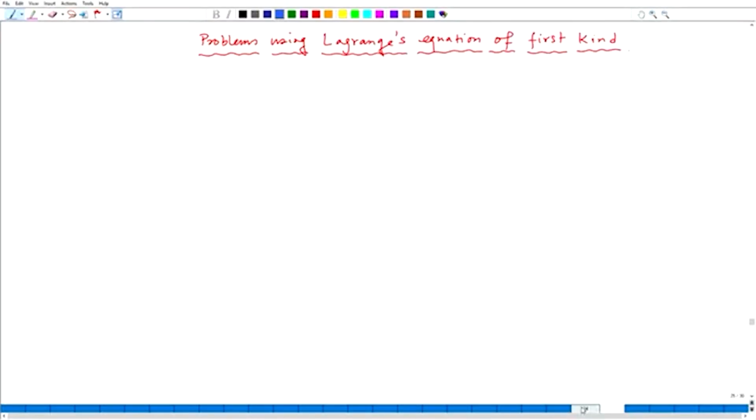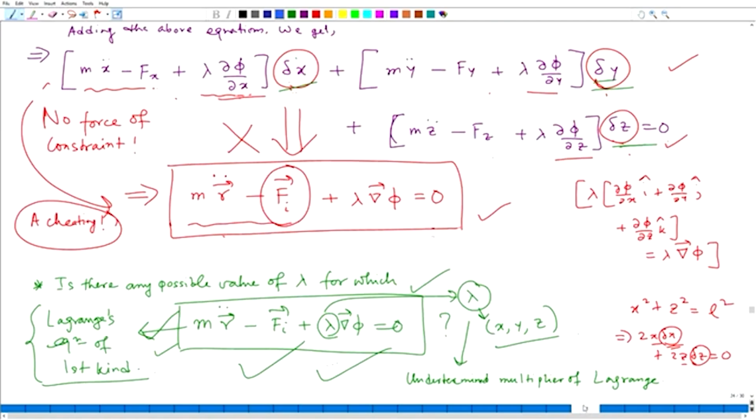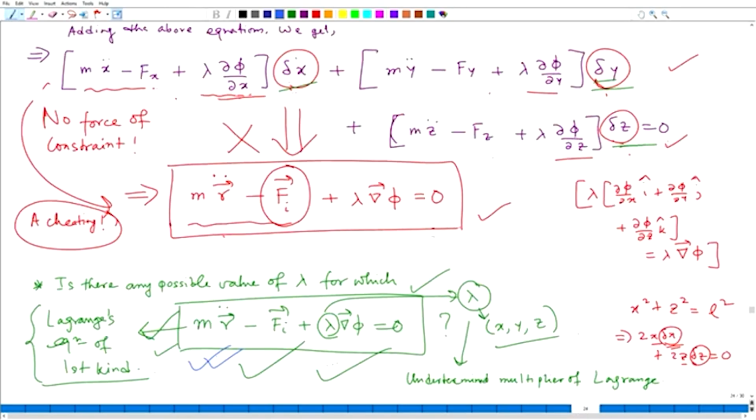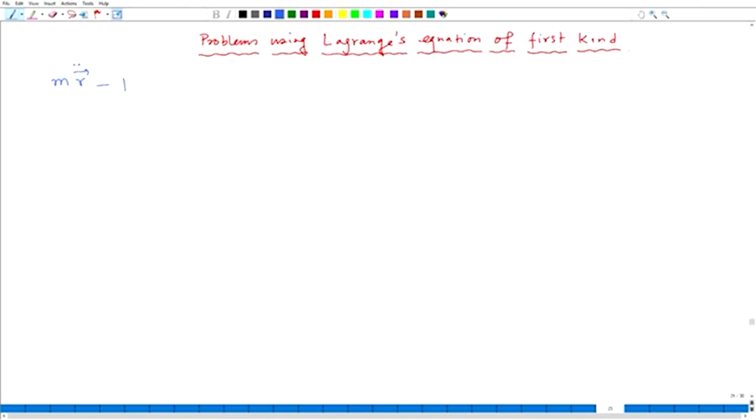So, if you remember, Lagrange's equation of first kind is given by this equation. For a particle of mass m, m r double dot, which is the mass times the acceleration, minus the force, which is excluding the constraint force.